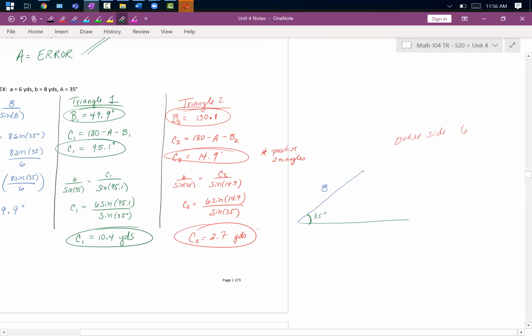Now, if I did straight SOHCAHTOA here to find out the height, I would say that sine of 35 is equal to h over 8, so h is equal to 8 sine of 35. Now, I don't know what this is, so I need you to pop that in your calculator. It's going to be less than 6, but I don't know what it is.